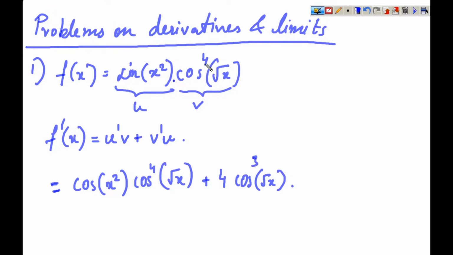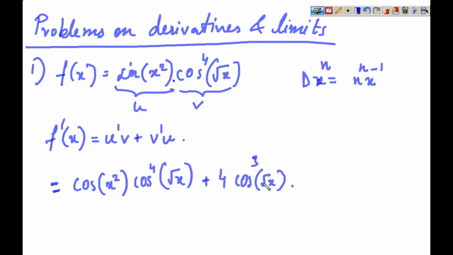So first we differentiate this because the derivative of x to the power n is n x to the power n minus 1. So considering this as a function of x, that's why we are doing 4 cos 3, so it's x to the power n minus 1.